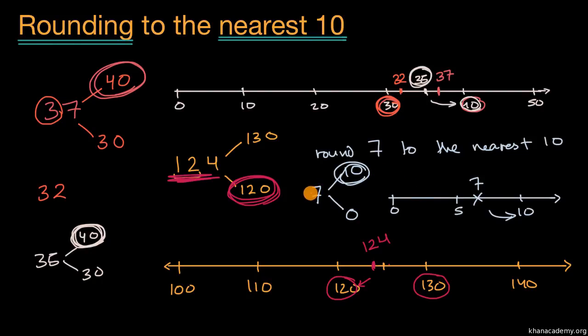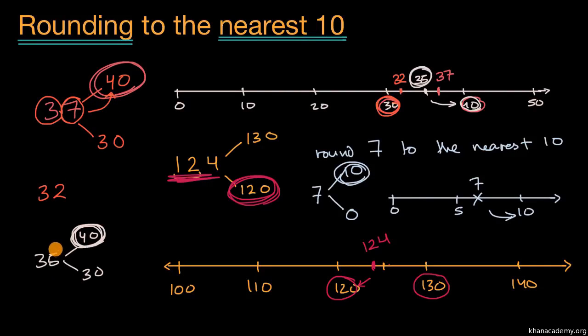If in the ones place, I can say, if your ones place is greater than or equal to 0, but less than 5, then you round down. And you can see that happens in all of these situations. If you looked at 37, you look at the ones place, and your ones place here is greater than or equal to 5, so you round up.